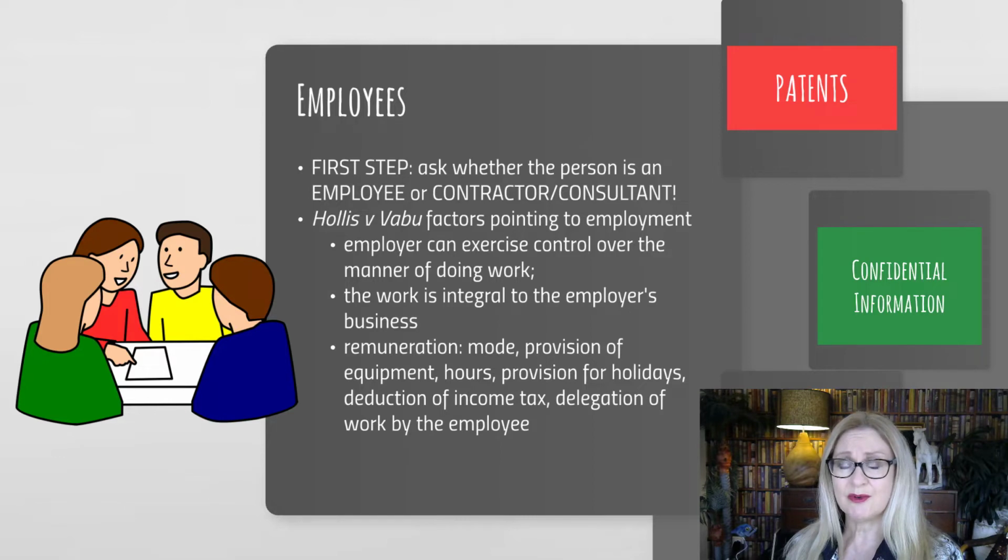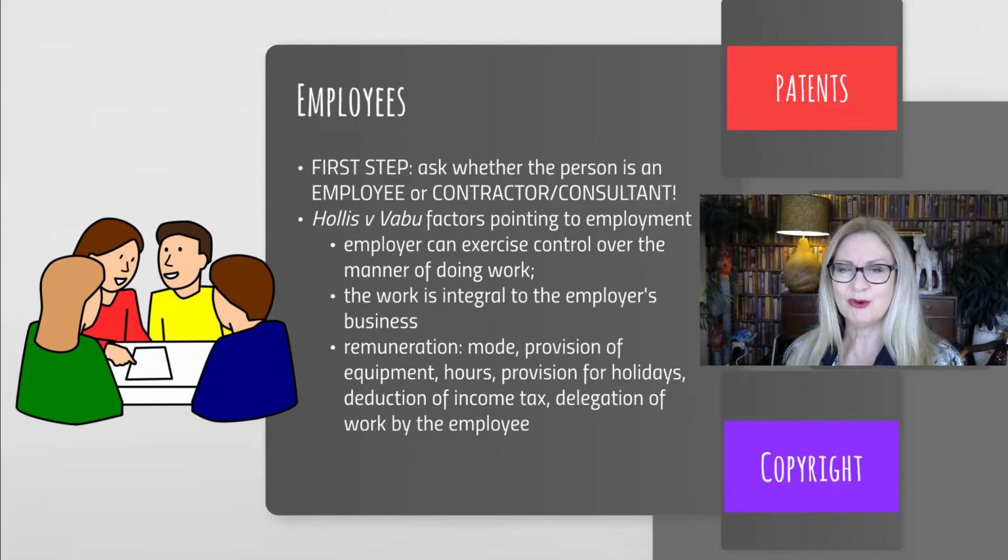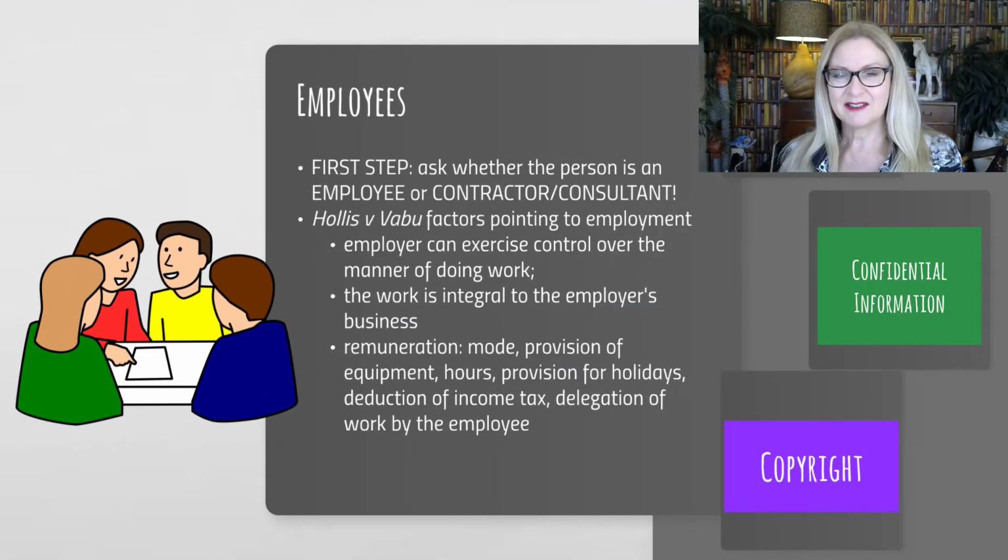So in embarking on your first step here, you should be familiar, for those of you that have done tort law, with the case of Hollis and Vabu, a case of the High Court, a rather entertaining case about what can go wrong when you are a courier delivery person.